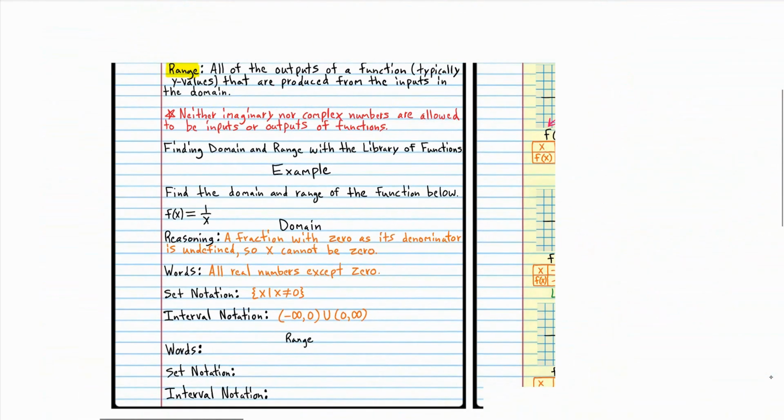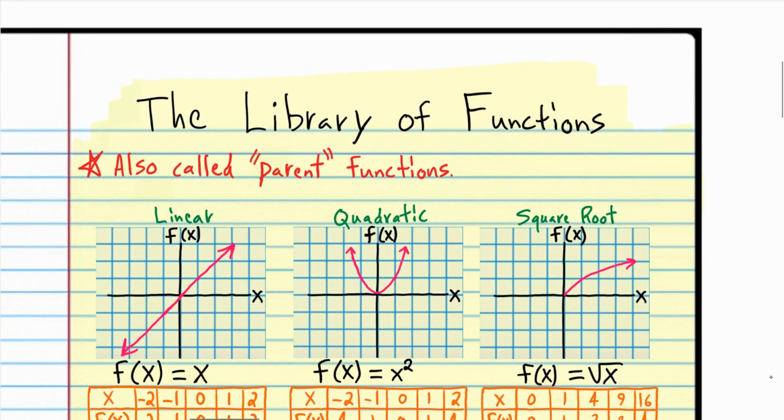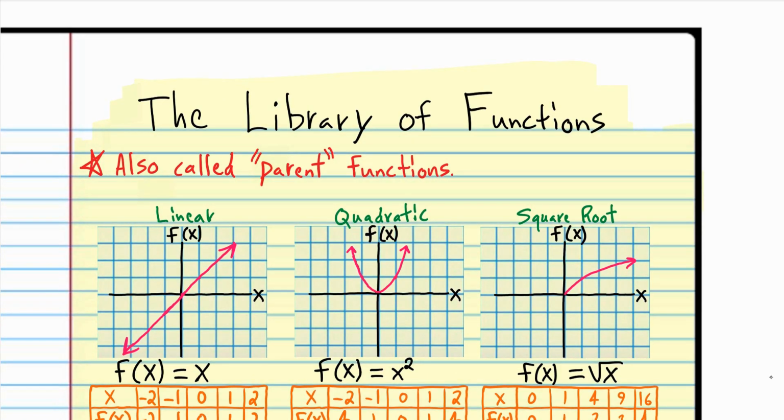So let's look at the library of relations. Here's the library, but notice that we're not calling it the library of relations anymore. We're calling it the library of functions. In most cases, when you search for a library on the internet, it's not going to be called the library of relations. It's going to be called the library of functions.